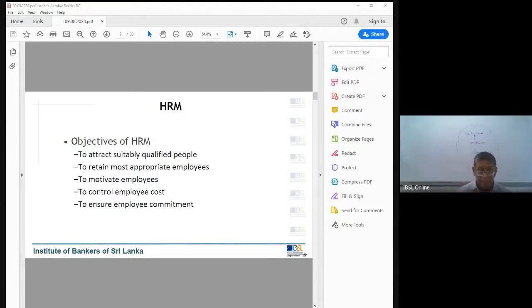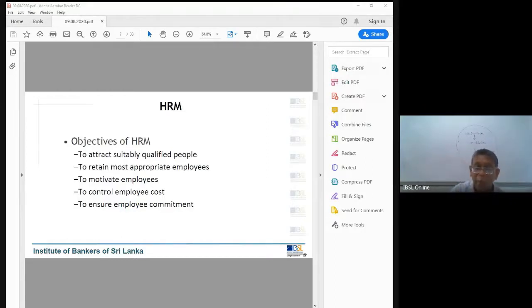Second, but don't worry, don't write. I will explain all these functions in more detail. Job analysis is the next function of HR. Basically, investigating your job as well as the job holder.